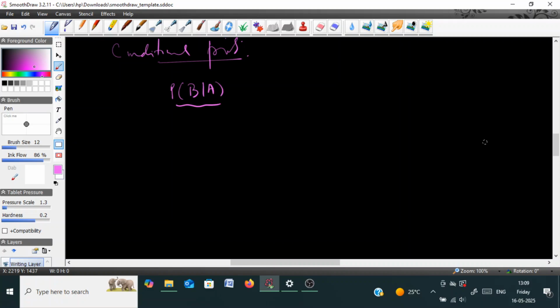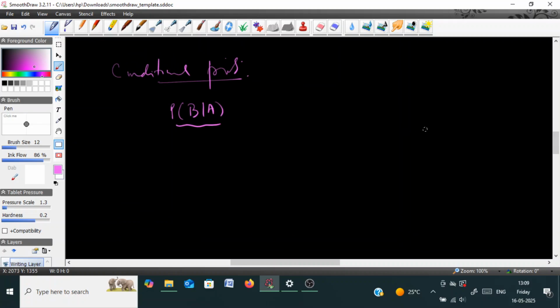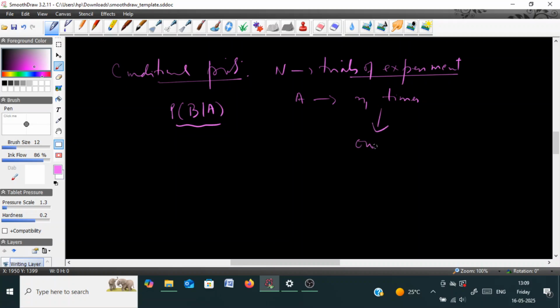Now you can express the conditional probabilities in terms of the probability of event A and probability of event B. Suppose you have n trials, let there be n trials of an experiment, in which event A occurs n1 times, out of which event B occurs n2 times.